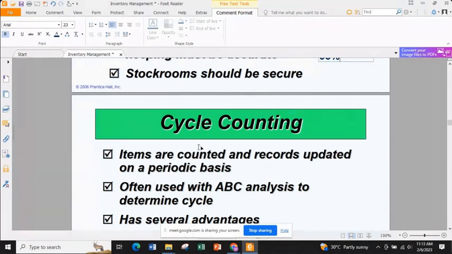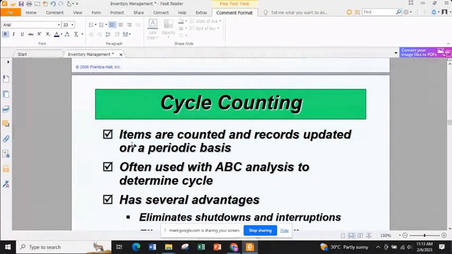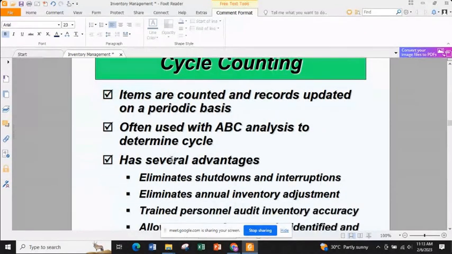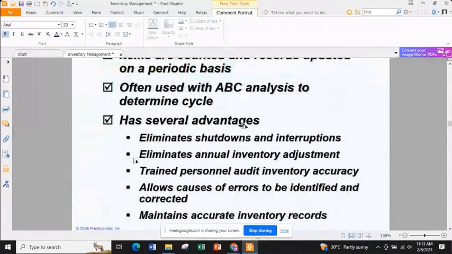And then cycle counting. Items are counted and updated on a periodic basis. Often used with ABC analysis to determine the cycle. It has several advantages. It eliminates shutdowns and interruptions. It eliminates annual inventory adjustment.